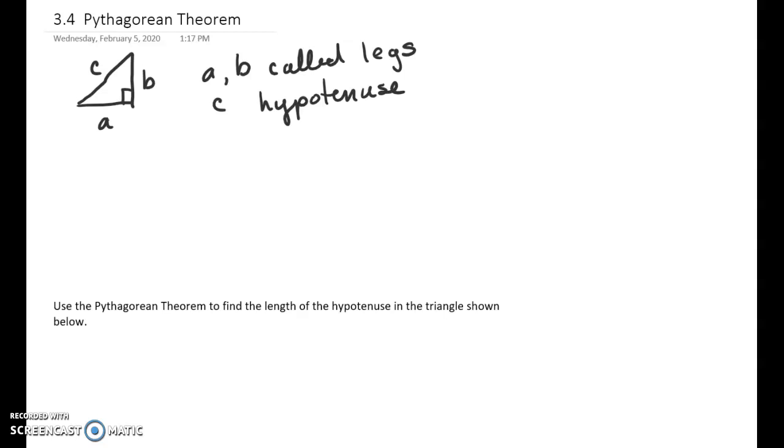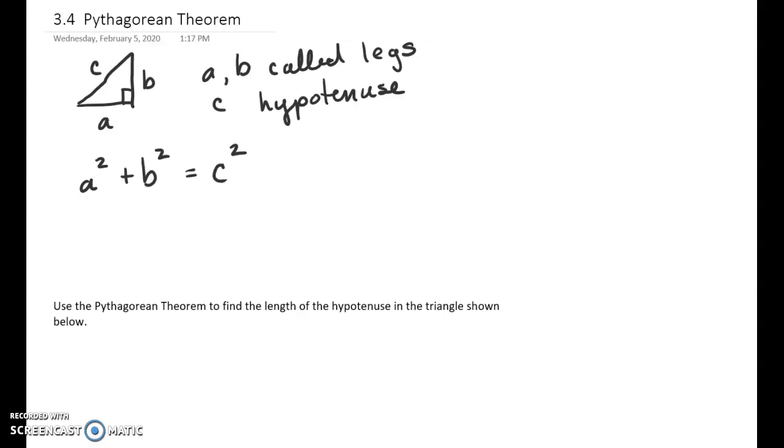Okay, so you'll know which one C is, and you have to know which one C is because that's how the Pythagorean theorem works. It'll be the longest one, or you can think of it as the one across from the right angle. Okay, so C is the hypotenuse, the longest one. And the relationship then is, if you take A squared plus B squared, it's going to equal C squared.